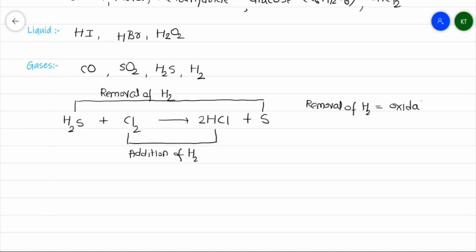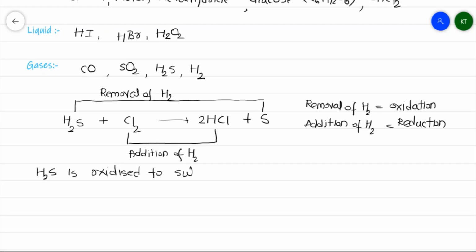As a well-known fact, removal of hydrogen is known as oxidation, and addition of hydrogen is known as reduction. So I say here hydrogen sulfide is oxidized to sulfur and Cl2 is reduced to hydrogen chloride.